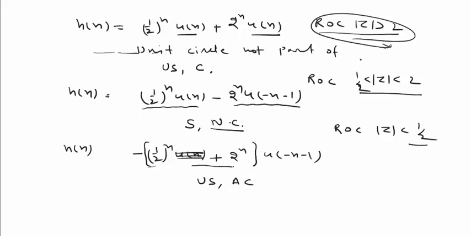By viewing this diagram, we can say the system is unstable because the ROC does not contain the unit circle, and anti-causal because it is a completely left-sided signal. So we directly comment on stability and causality due to the idea discussed previously with Laplace.